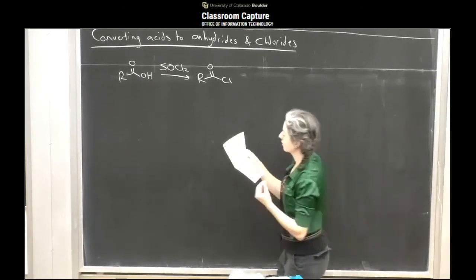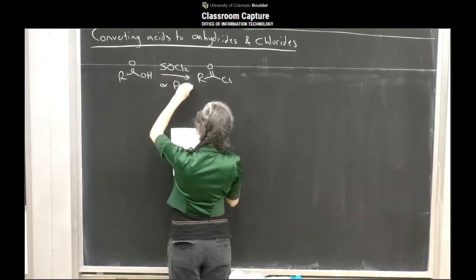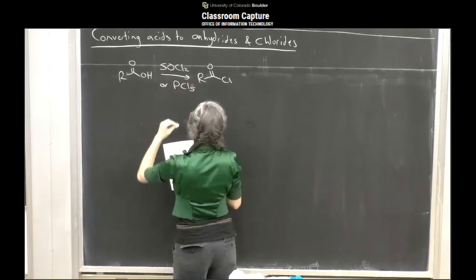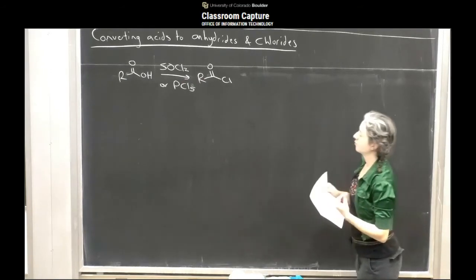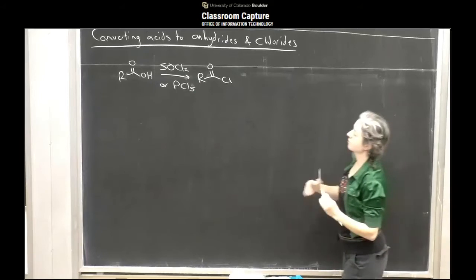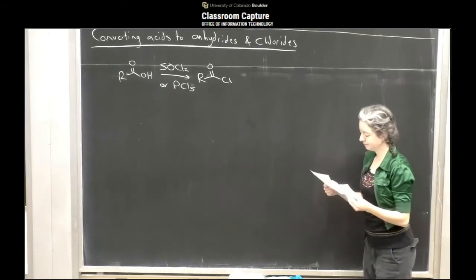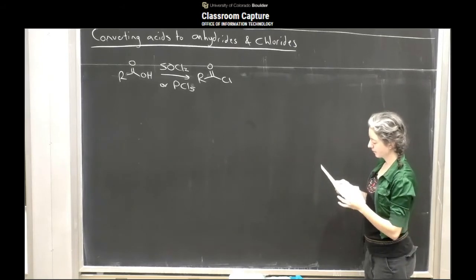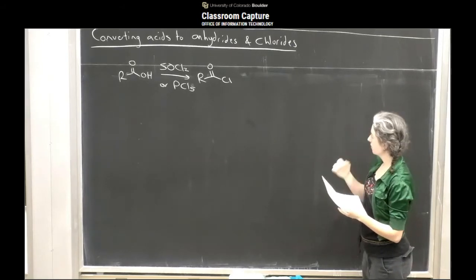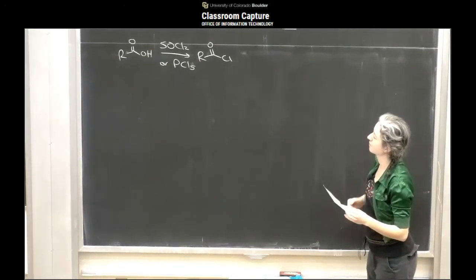We are going to see another option, phosphorus pentachloride as well. PCl5 will do the same thing here. That one does not work for alcohols, but it does work here. Okay. So that's pretty much the only level of detail we're getting into on that one, unfortunately.